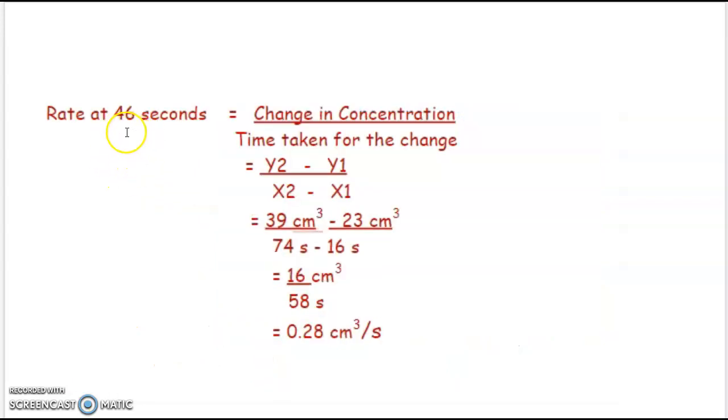Therefore, the rate of reaction at 46 seconds can then be calculated using the formula y2 minus y1 over x2 minus x1.